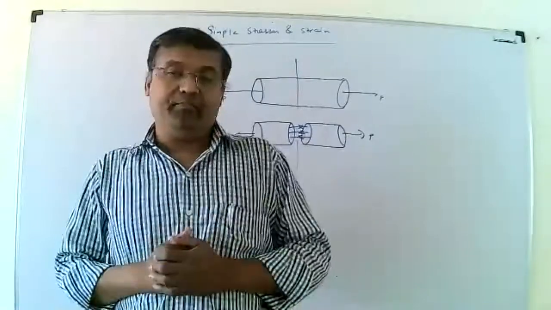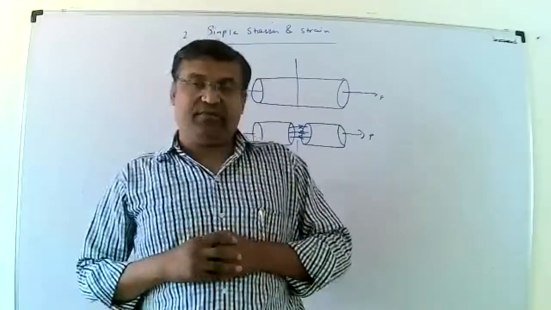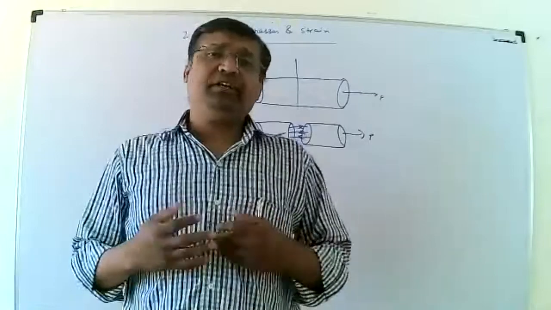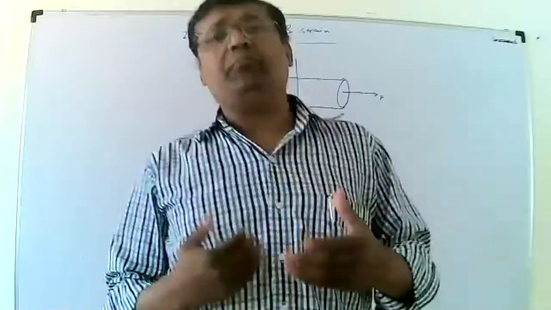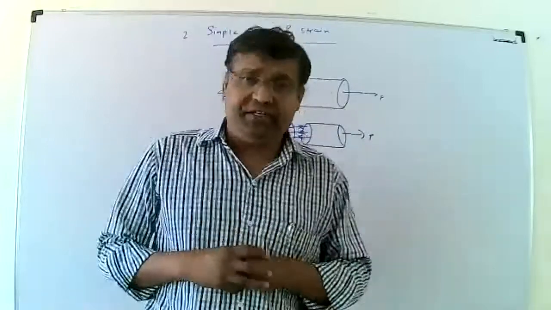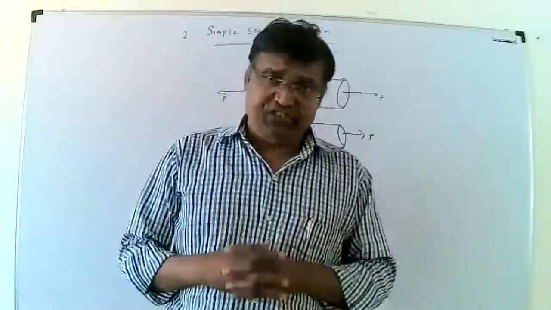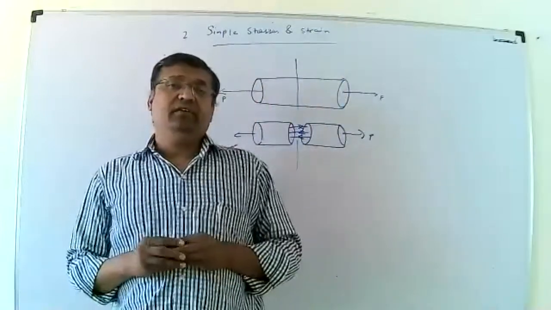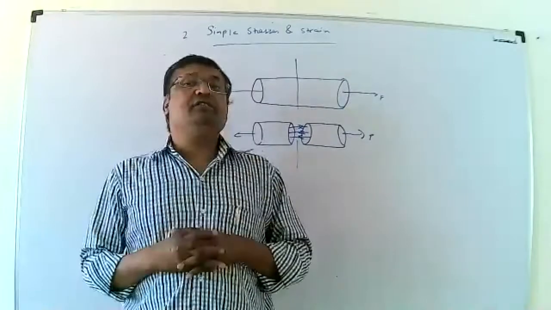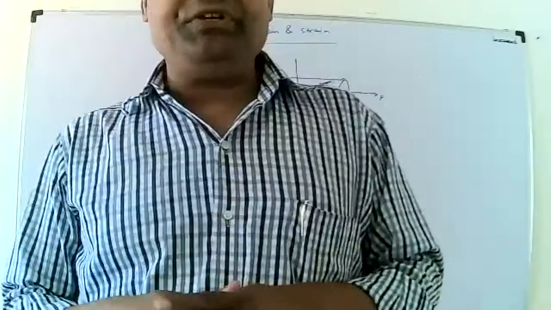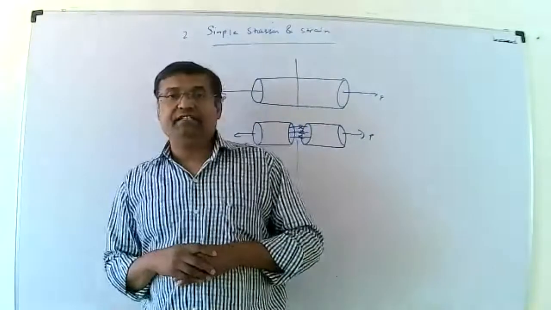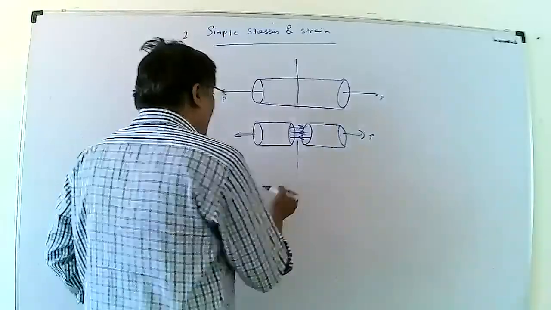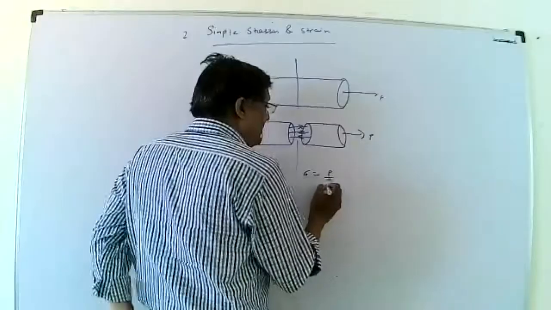The internal resisting force means the material resists itself. The material is made of an infinite number of small particles, and those particles resist each other at that section in the opposite direction. Stress is the internal resisting force developed per unit cross-sectional area. Stress is represented mathematically by sigma, equal to P upon A.